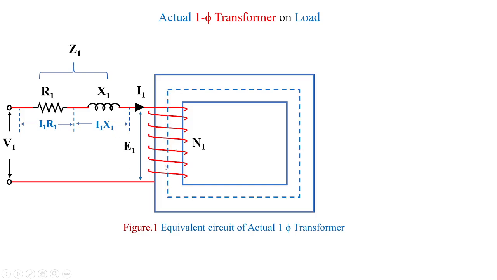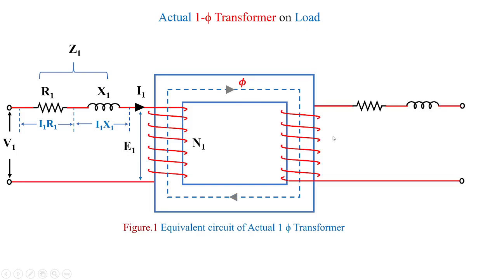This primary induced voltage sets up the flux which links the secondary coil also, and when the secondary is connected to a resistor and reactive component in the secondary winding, the winding is treated here as N2, and the developed voltage due to the flux will be E2.